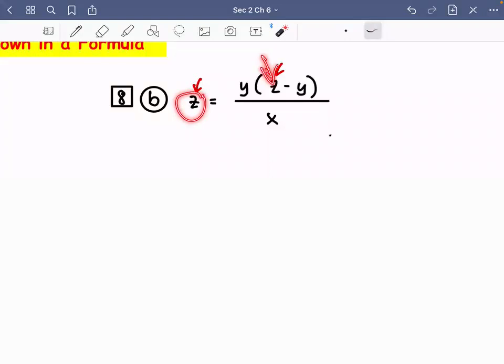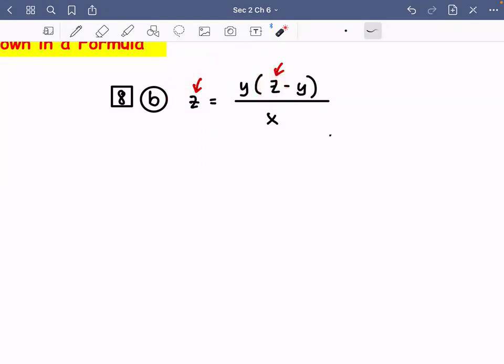What should we do when we have two Z's on opposite sides of our equal sign? Basically, I will put these two Z's together on one side.